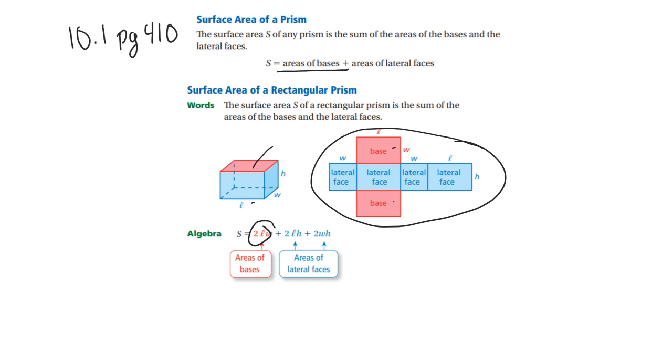Now I'm going to change the color for us. Now, the next part was find the area of the lateral faces. If all the faces were the same size, you could just do 4 times that, but you can look at this and see that, well, these two guys right here are the same size. The other two are the same size. So let's figure out the area of this.